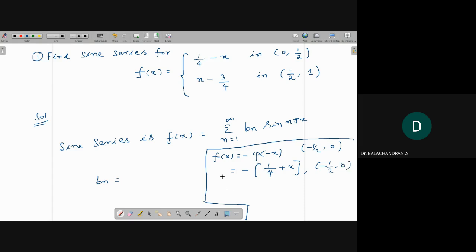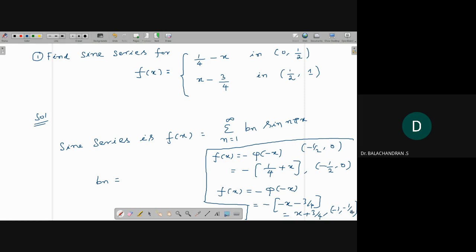Similarly, you should define f of x in the interval minus 1 comma minus half as minus of f of minus x. That is equal to minus of minus x minus 3 by 4, so that is equal to x plus 3 by 4 in the interval minus 1 comma minus half.